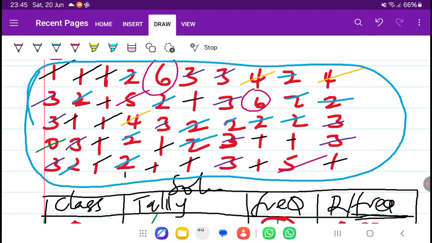But after putting that data set into a table, you can make decisions about the data that you have. So whatever we have discussed was in relation to what we call the ungrouped frequency distributions.